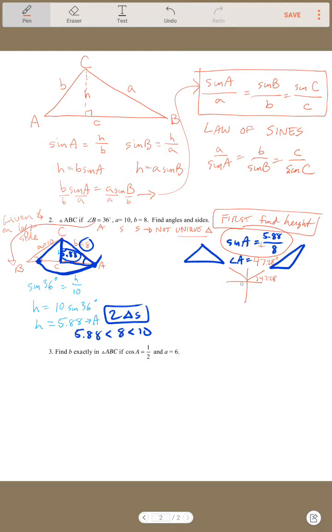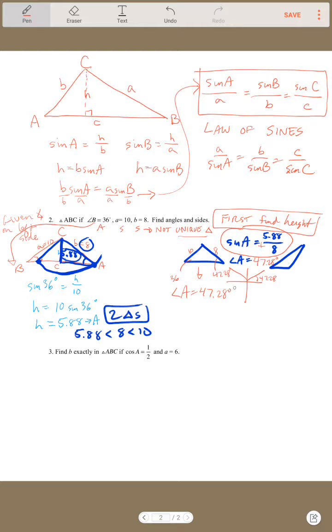That must mean that for this particular triangle, angle A is 47.28 degrees. Okay, so we know that this is 47.28. We know that this angle here was 36. What else do we know? We know this side length is 10. We know this side length is 8. And is that it? I think that's all we know, huh?